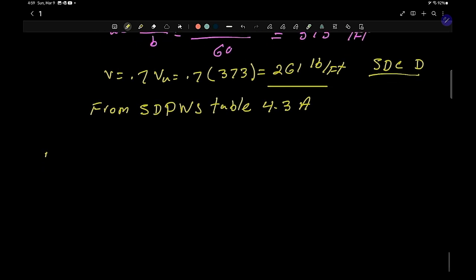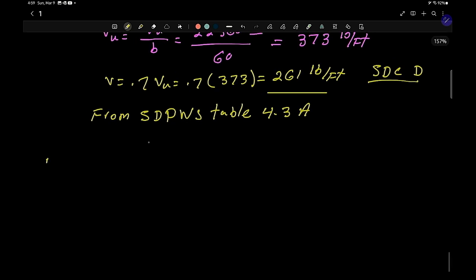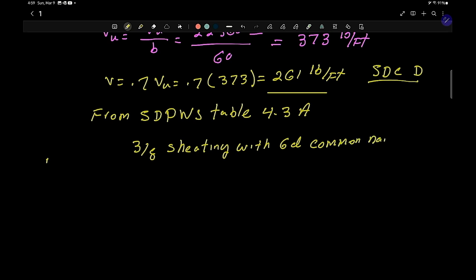Using this table, we decided to go with 3/8 sheeting with 6D common nail at 4-inch on center edge nailing.